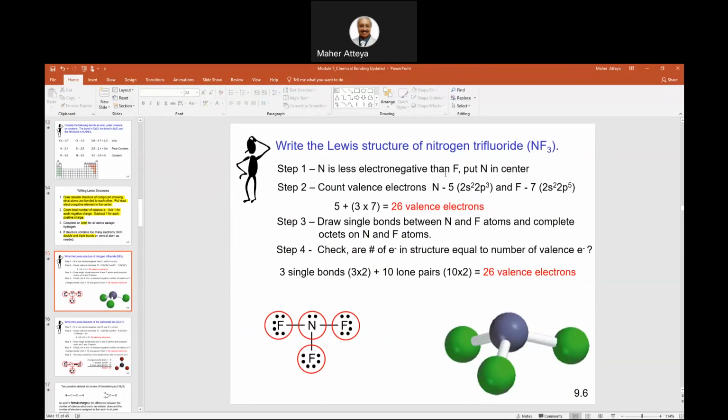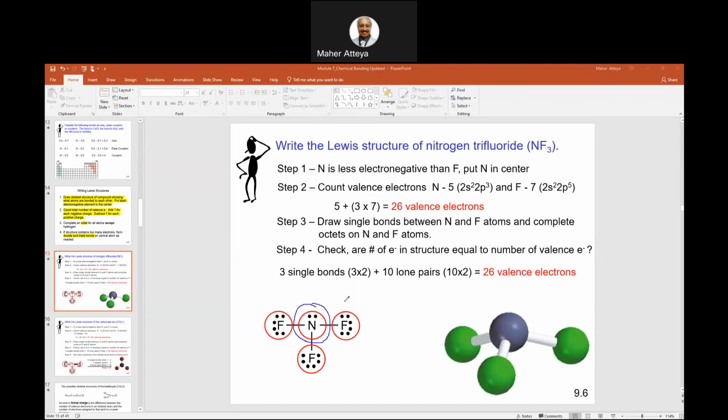So first, which one is the least electronegative? Nitrogen is the least electronegative, correct? Fluorine is always the highest. Nitrogen is the third highest. So I put nitrogen in the middle here. Okay, so put the nitrogen here, guys.